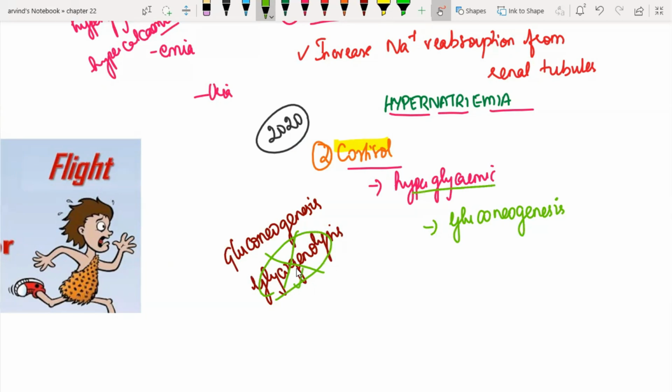So how can I interpret this contradictory statement? During stressful conditions, listen carefully, cortisol is being released. This cortisol acts by means of gluconeogenesis, and along with that it is also going to inhibit cellular uptake of proteins. This was the question: which of the following statements is not true with respect to cortisol? Inhibit cellular uptake and protein metabolism.